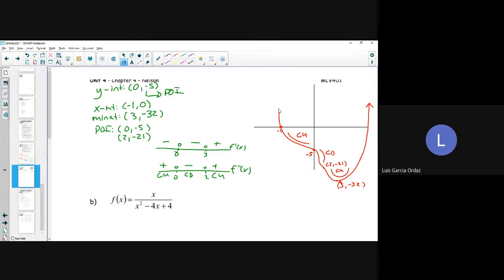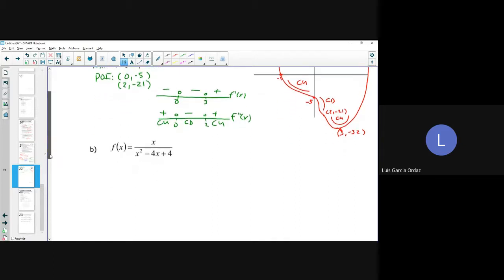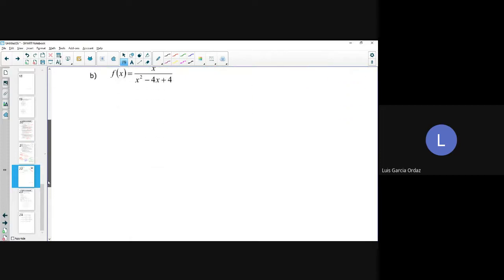All right, perfect. And now what we're going to do is we're going to hit a rational function next. So I have my f of x is equal to x over x squared minus 4x plus 4. So automatically, let's try to factor my denominator.